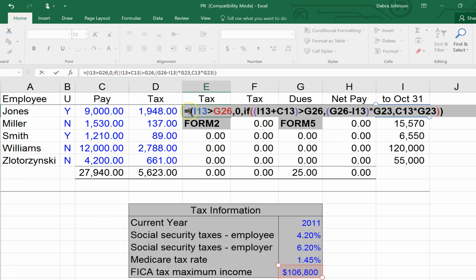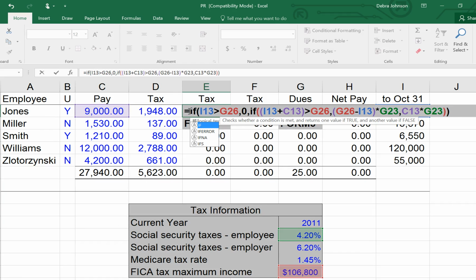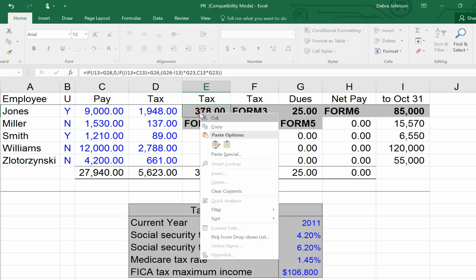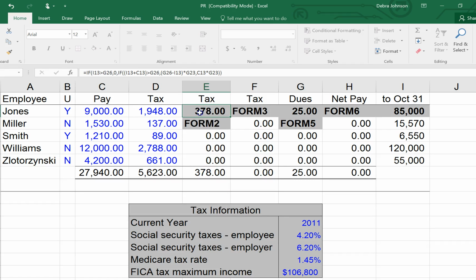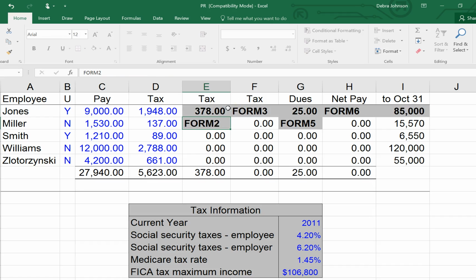And as I'm troubleshooting, I see that I forgot the if in there. So let's try that. And there we go. So once again, the formulas are described for you in detail on the handout, and it looks like I got the appropriate tax of $378.